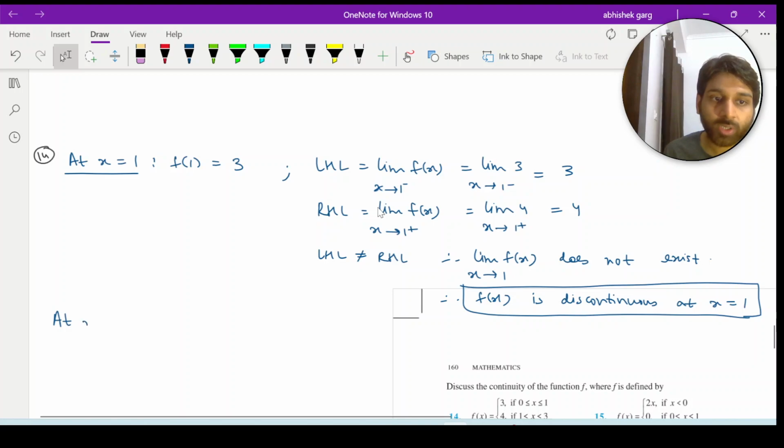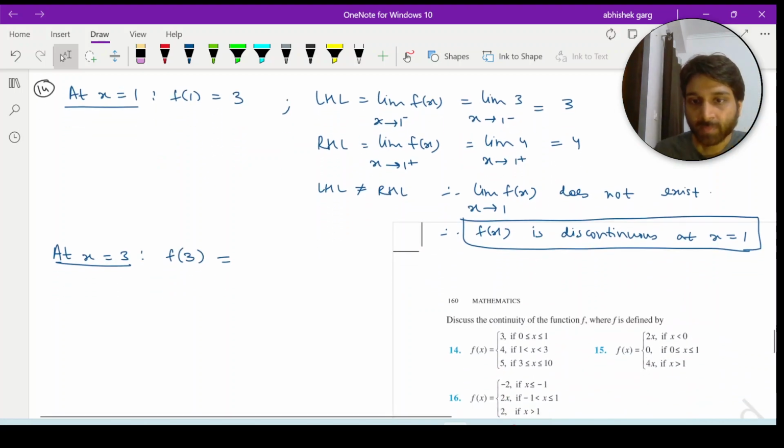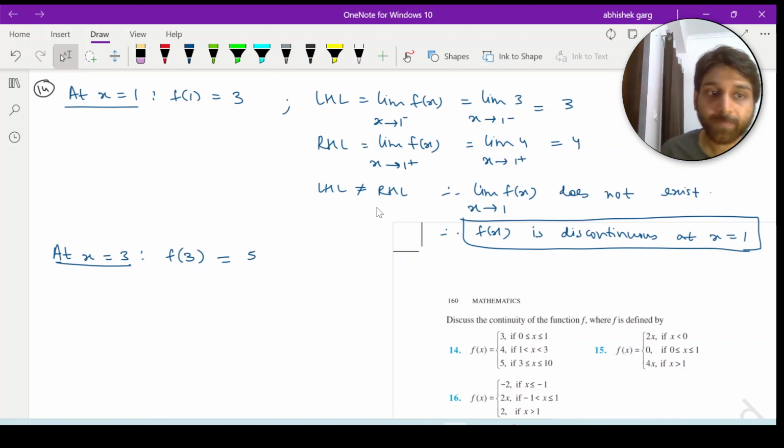Now let us check the continuity of this function at x equal to 3. At x equal to 3, what will be the value of the function? We can see for x greater than or equal to 3, the function value is 5. So it is 5, right? Now let us calculate the left hand limit. Left hand limit will be for the value of x which is slightly less than 3.